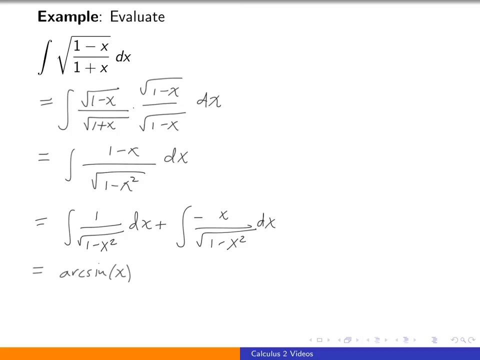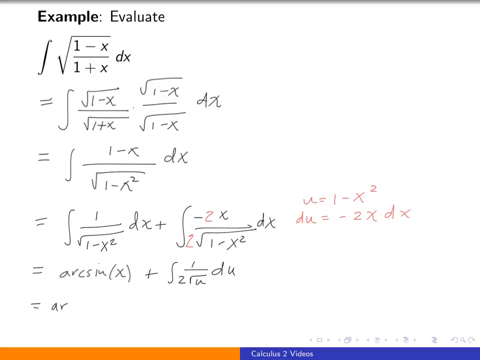So what I'm going to do here, just in terms of seeing the substitution, I'm going to put a 2 in the top and a 2 in the bottom, multiply by 1 in a fancy way. So if u is equal to 1 minus x squared, du is minus 2x dx. So this becomes plus the integral 1 over 2 square root of u du.